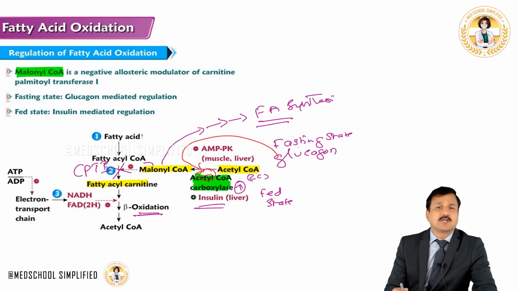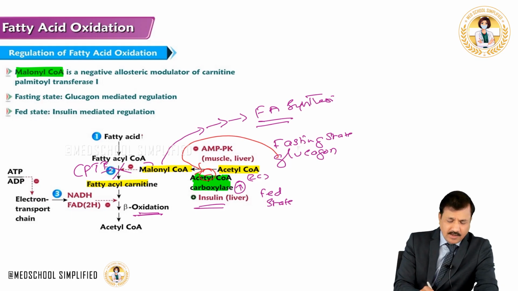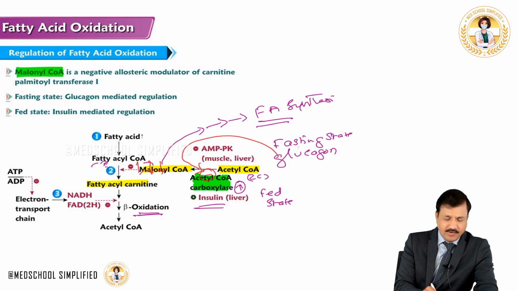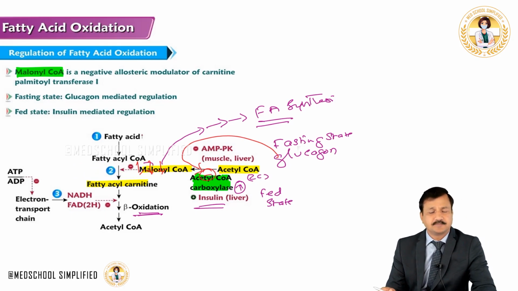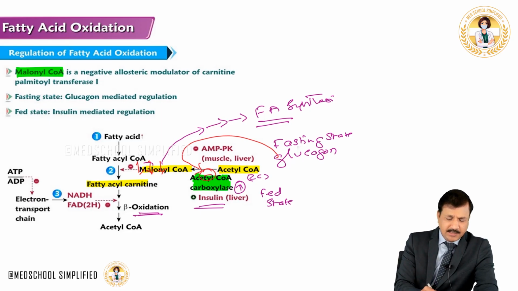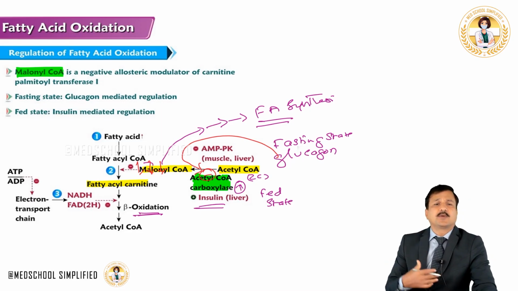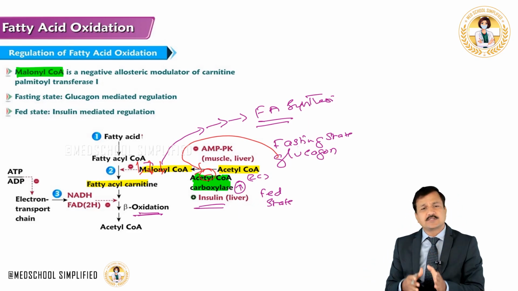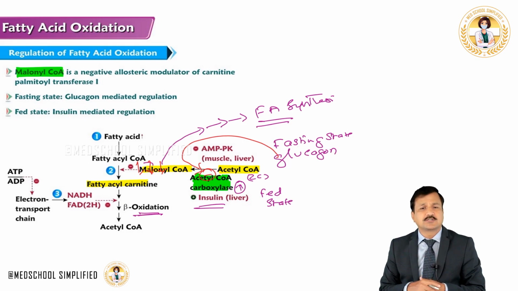So under fasting condition, the levels of malonyl-CoA will decrease. And when the levels of malonyl-CoA decrease, its negative effect on CPT1 is not there. That means CPT1 is working, so long chain fatty acids go through the inner mitochondrial membrane and undergo oxidation.